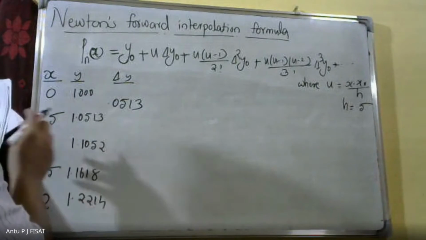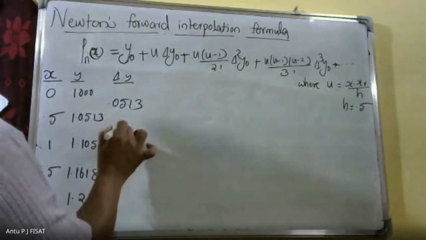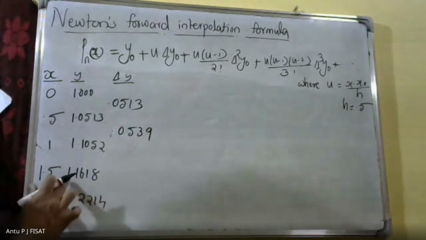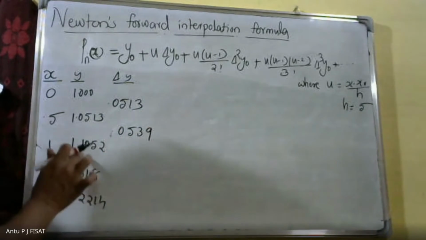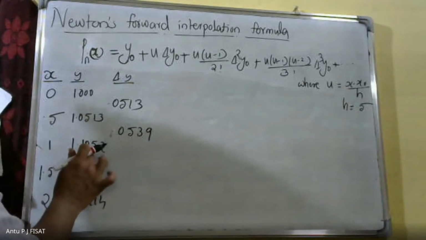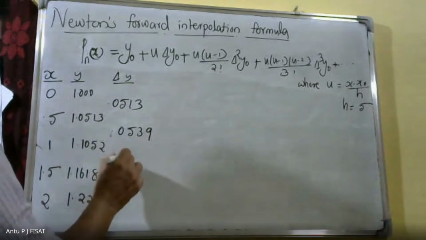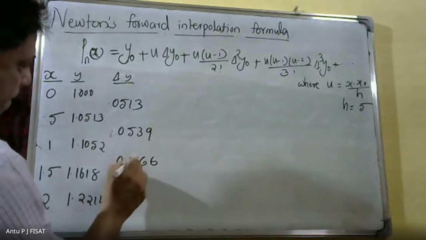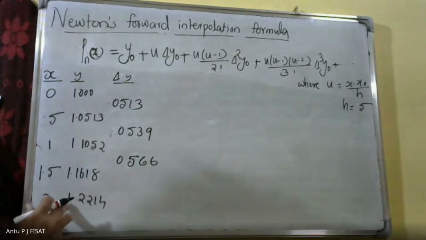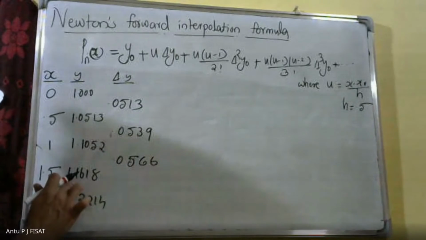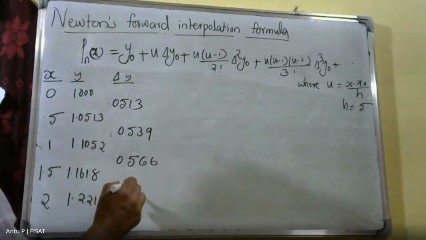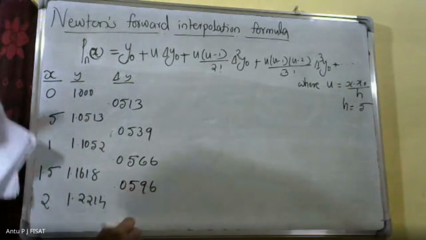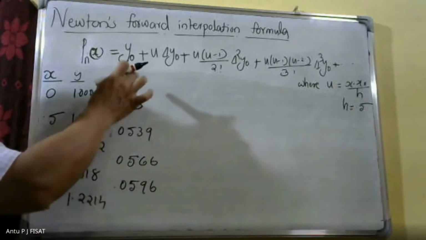The difference is 0.0539. Then take the difference 1.1618 minus 1.1052. The difference is 0.0566. Then the next difference 1.2214 minus 1.1618. The difference is 0.0596.